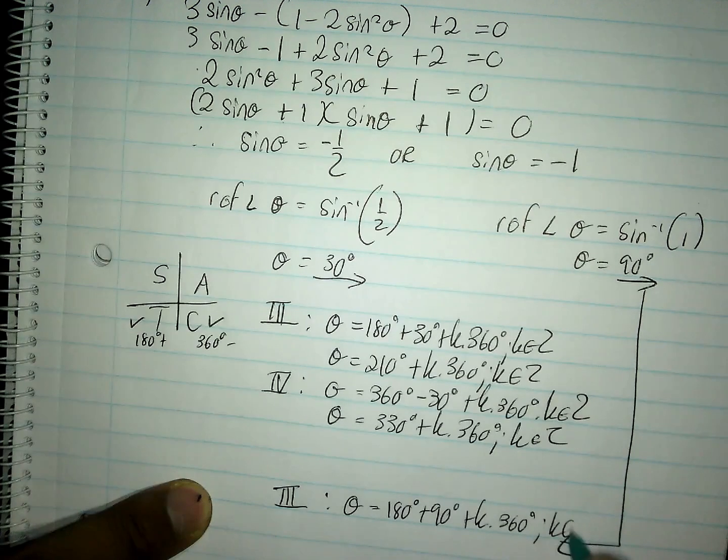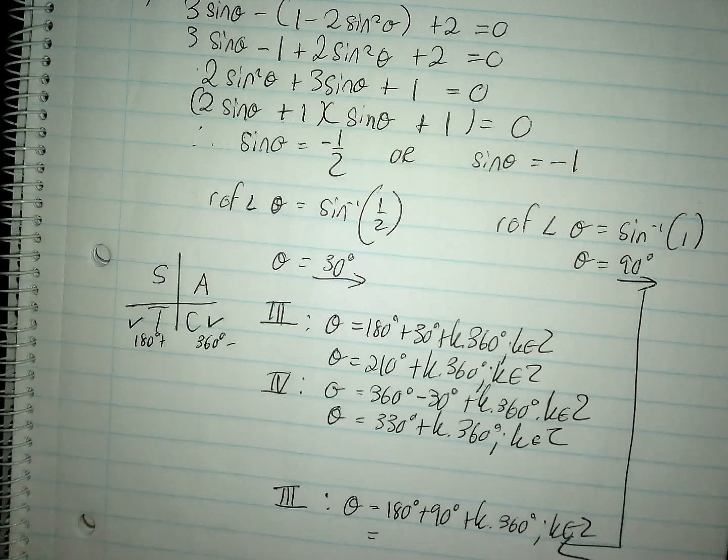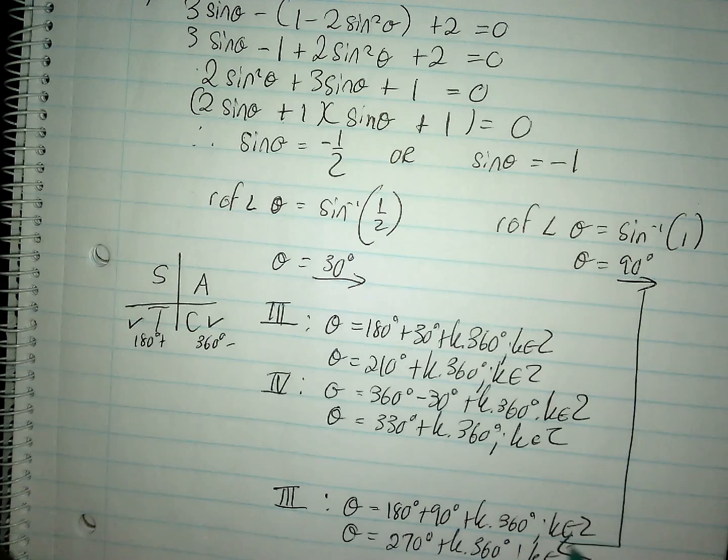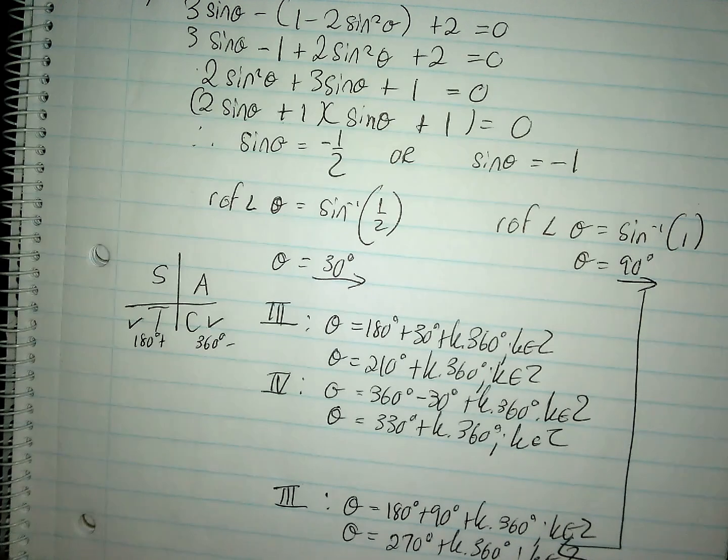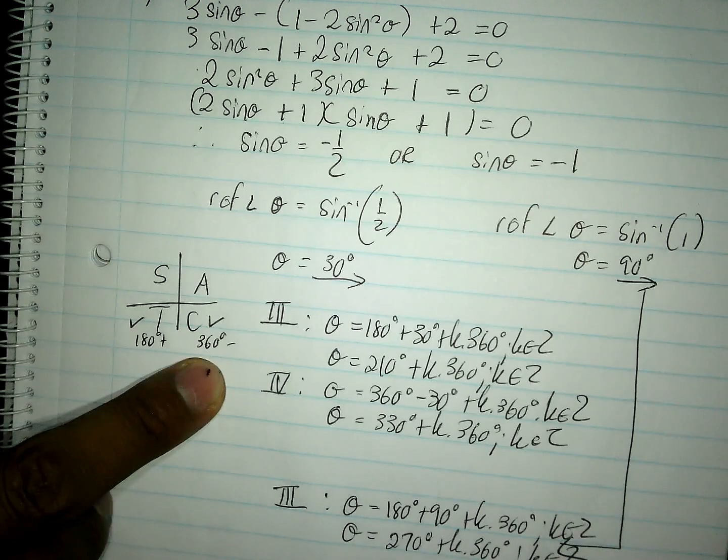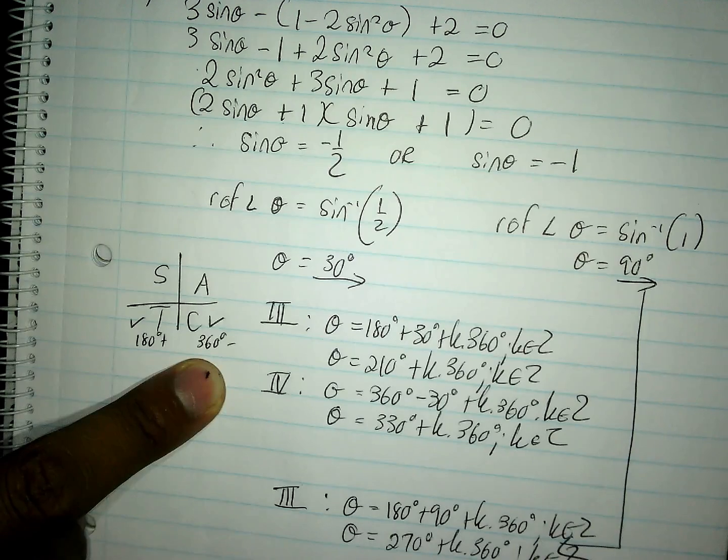Then 180 plus 90 gives us 270. Then we go to the fourth quadrant, which is 360 minus 90 plus k multiplied by 360.